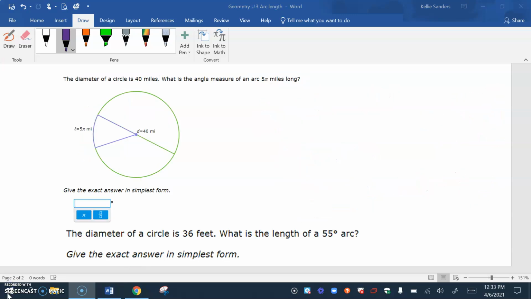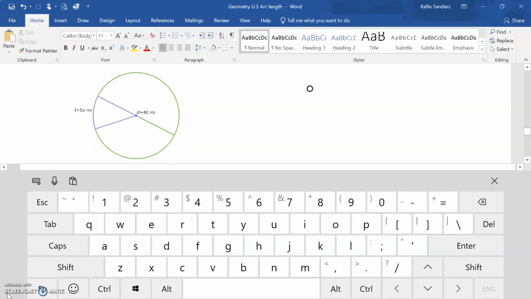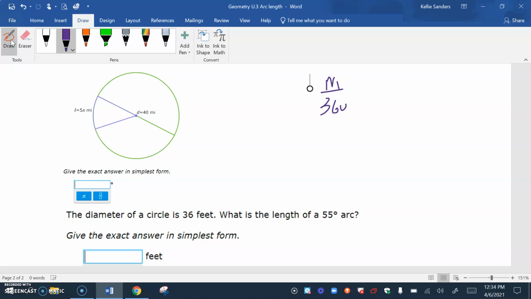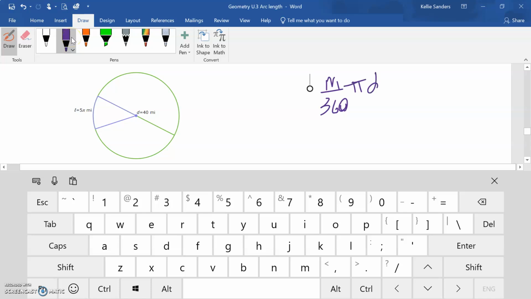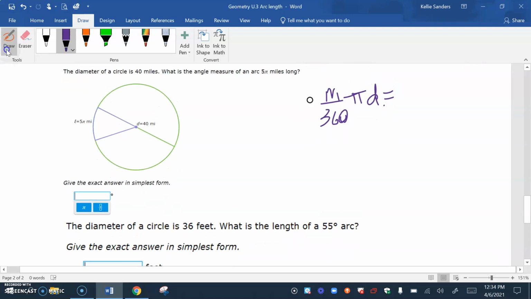The diameter of a circle is 40 miles. What is the angle measure of an arc 5 pi miles long? So, m over 360 pi times diameter gives us an arc length of 5 pi.